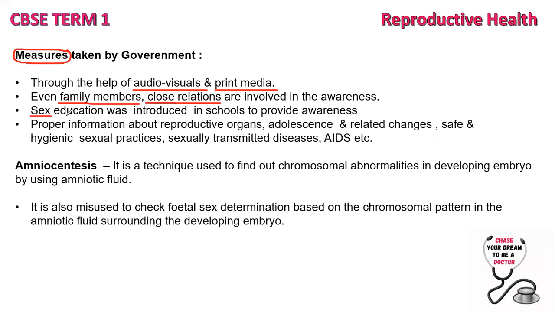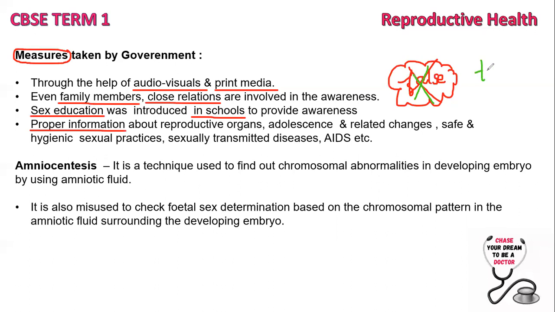Sex education was introduced in schools to provide awareness to the students and proper information, not false information. Children in the adolescent age always try to receive false information from others. So don't receive false information or give false information to the children.